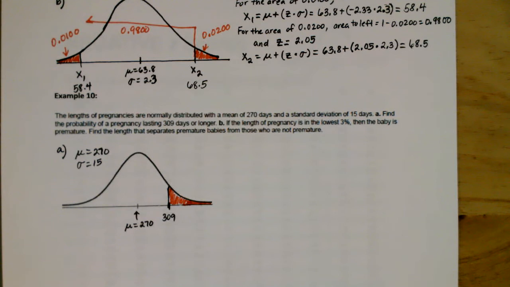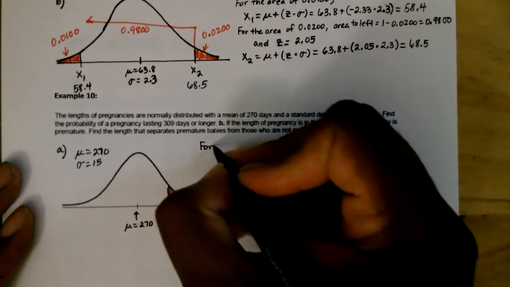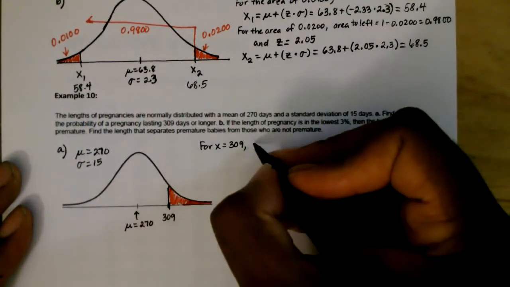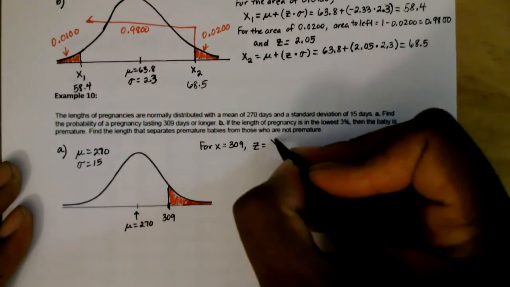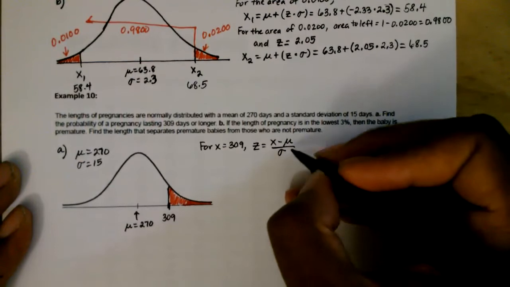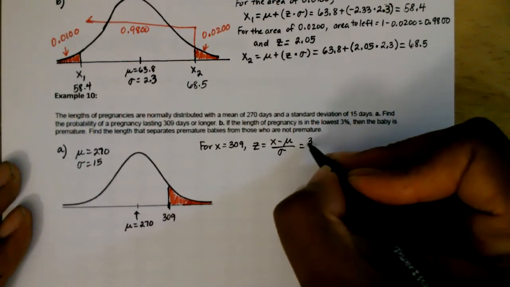So now we want to convert this to a Z value. So we're at X equal to 309. Our Z is going to be X minus mu divided by sigma. Part A, you have to convert to a Z value. So your X is going to be 309.